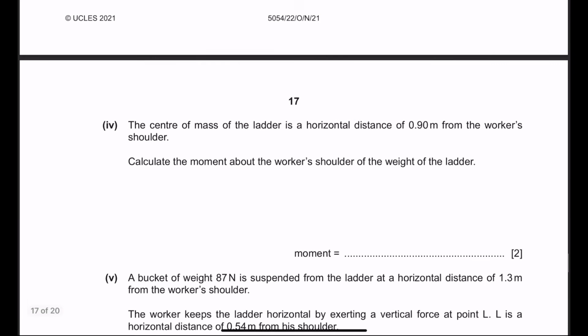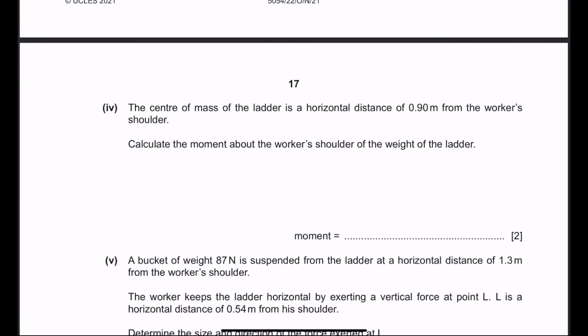Moving on, the center of the mass is a distance 0.9 meter from the shoulder. So shoulder is basically acting as the pivot. Calculate the moment about the worker's shoulder of the weight of the ladder. So this particular force of 80 Newton, which is acting from the center of mass, you have to calculate its moment.